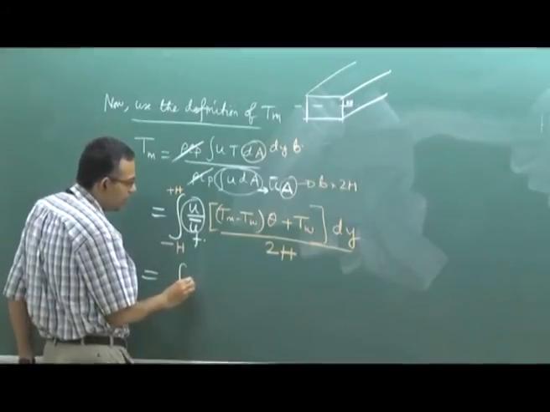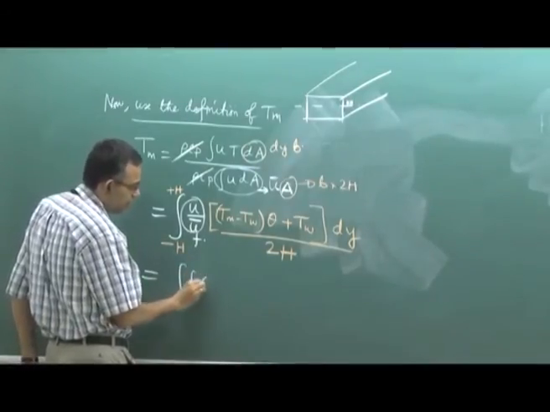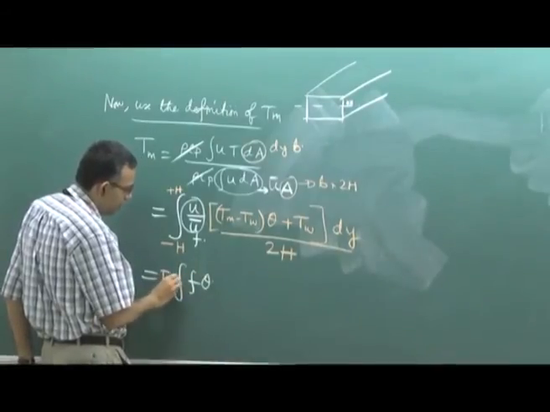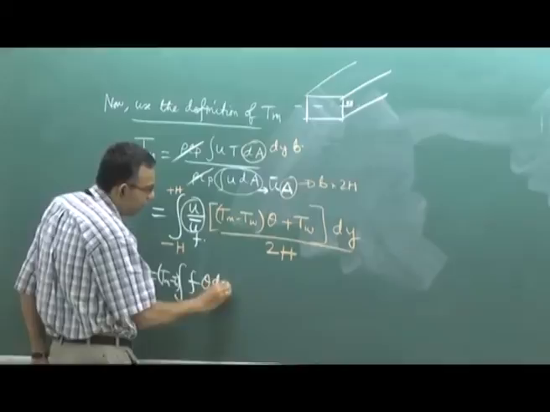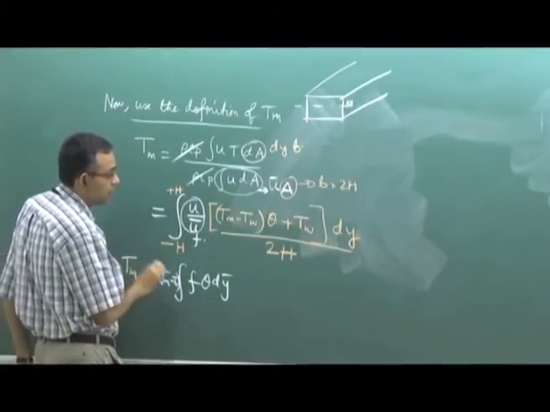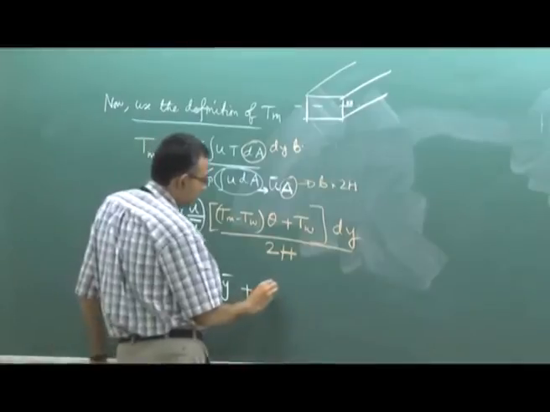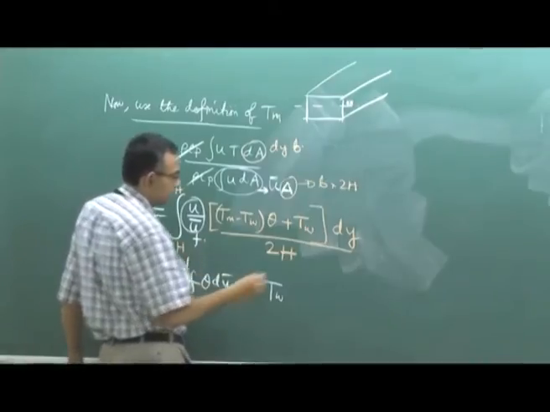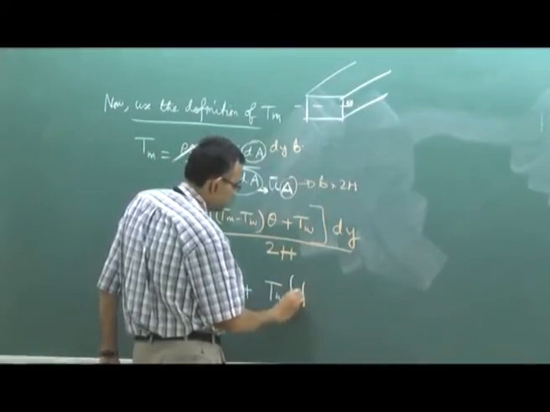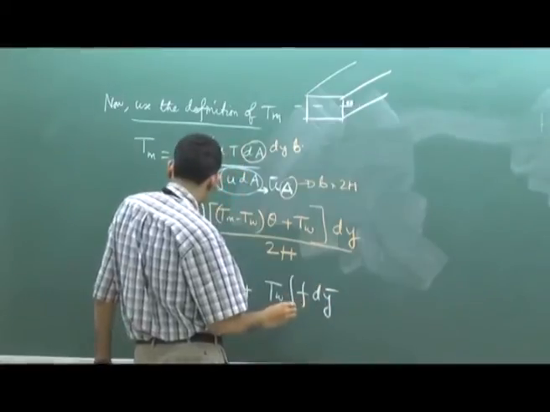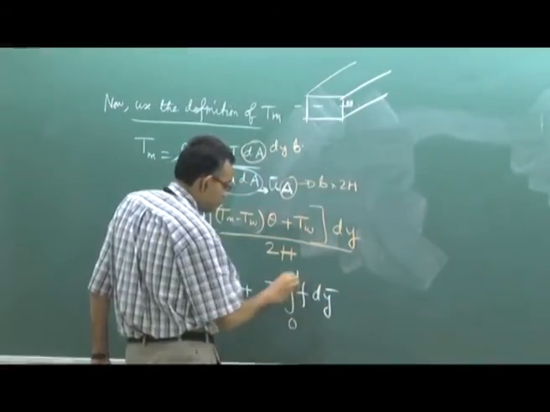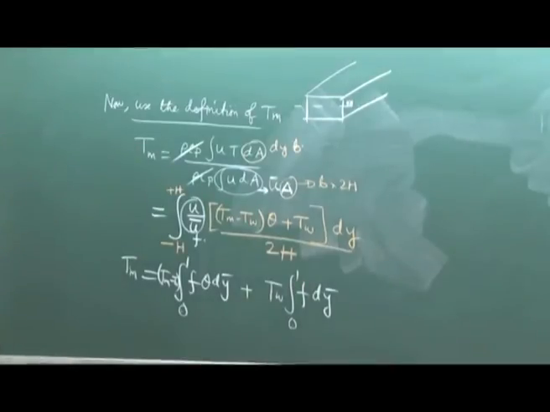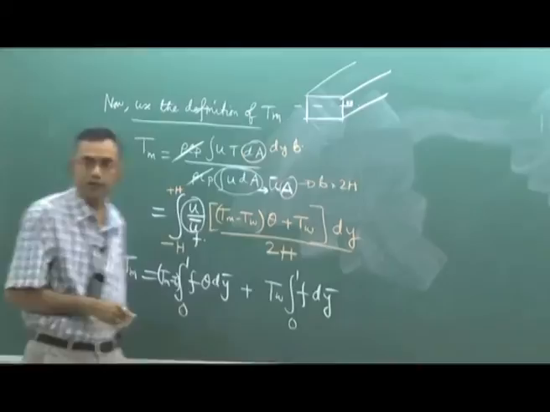So this will become the integral of f theta into Tm minus Twall dy plus Twall. We have absorbed the y by h within the derivative.